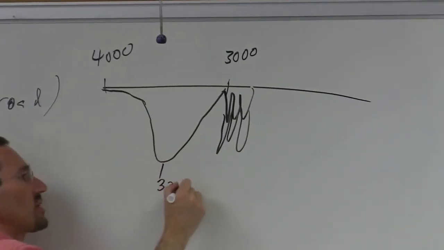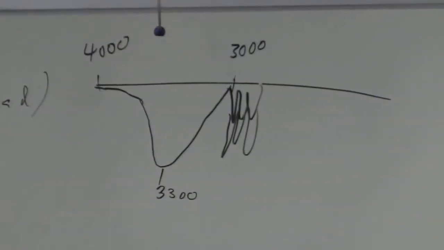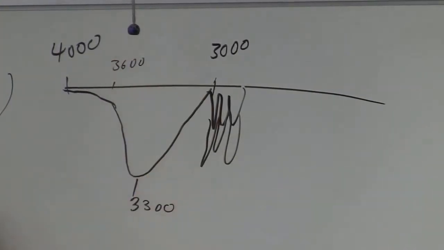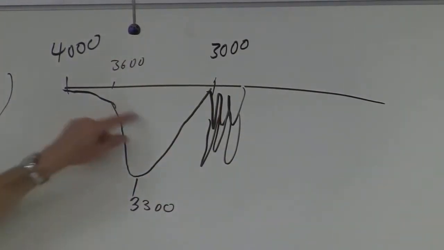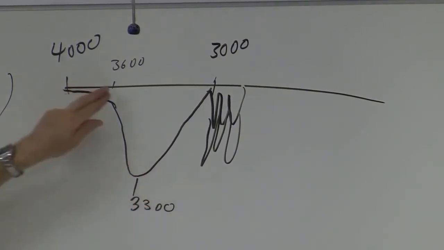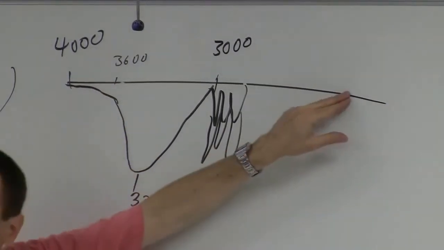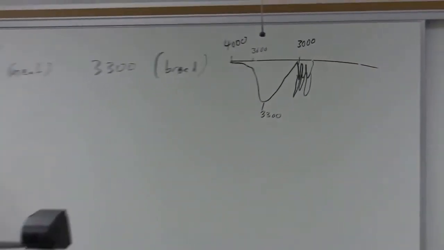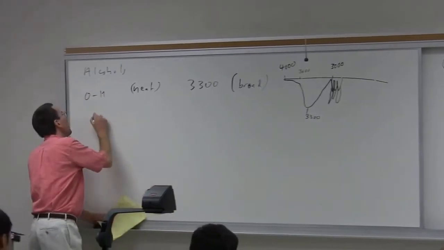So you might say it's 3300, but your eye is seeing this thing pick up at about 3600. You're going to see this pattern. And this will be different than a carboxylic acid, which may pick up around here but is going to go down around here, and it's going to be really, really ugly.